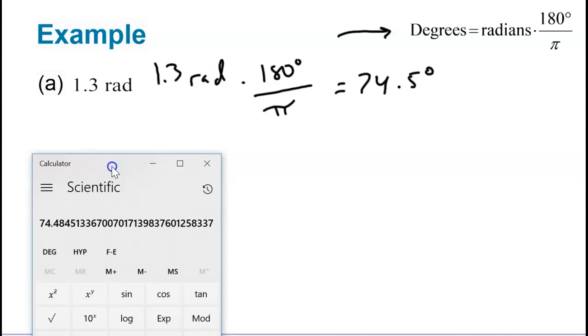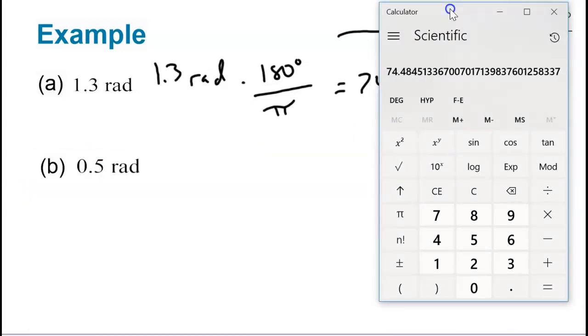Okay, and the next one will be very similar. And so we will go 0.5 radians times 180 degrees over pi. And let's go ahead and multiply that out. And actually, we can look at this and say, all right, 0.5 radians is a half times 180, so that's going to be 90 over pi.